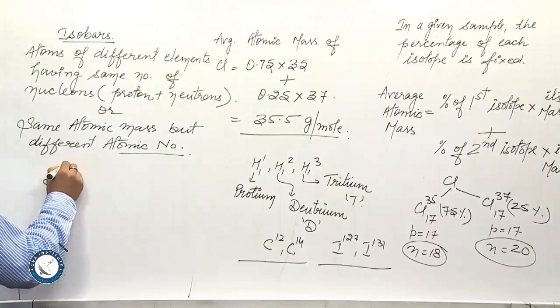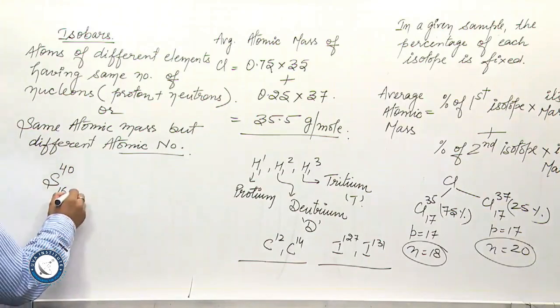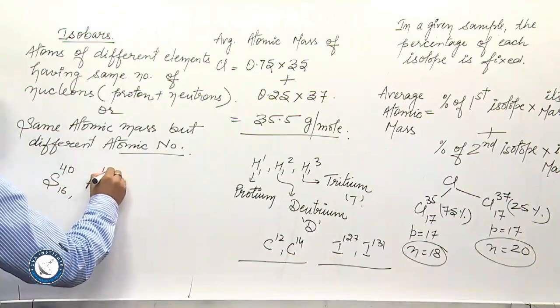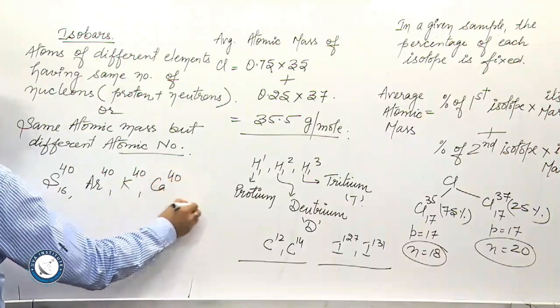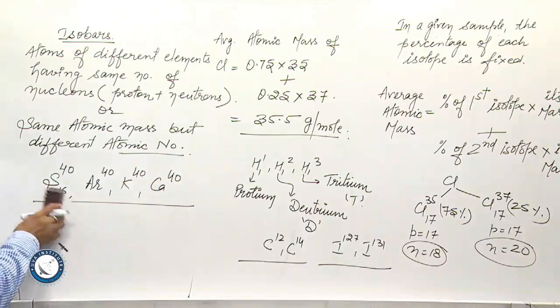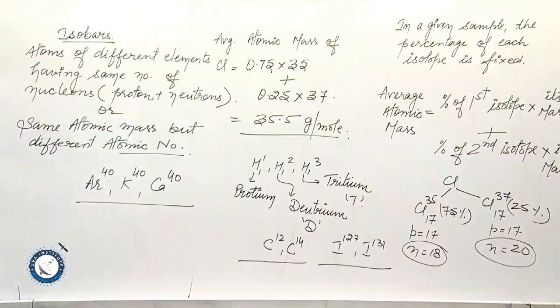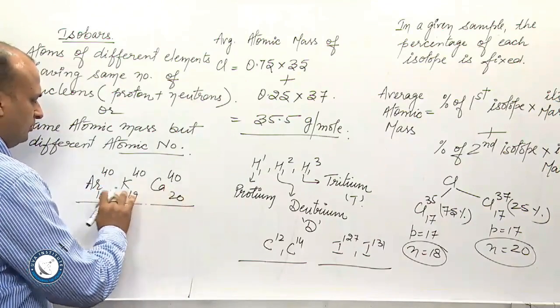For example, there is an isotope of sulfur which has got mass 40 as well. This though is very rare, so these are the ones which you can easily find. Argon, potassium, calcium, it's like 18, 19, 20.